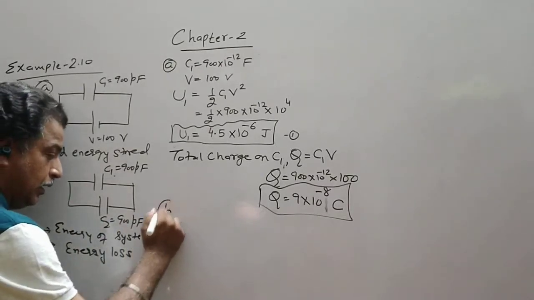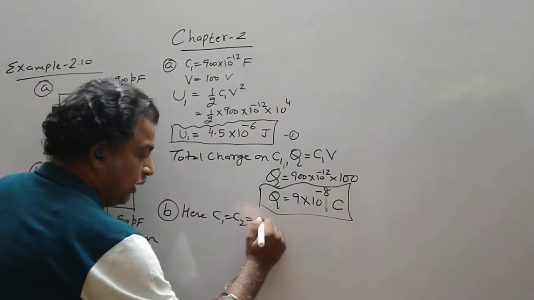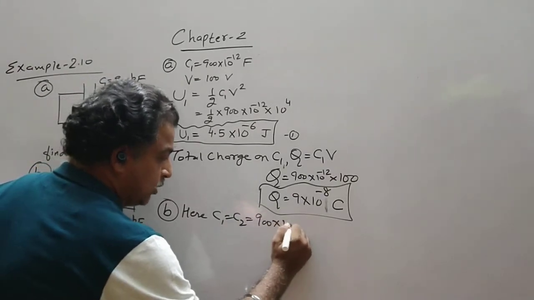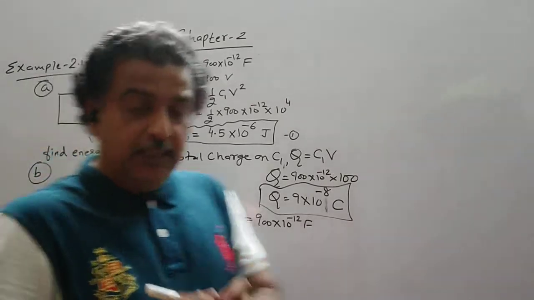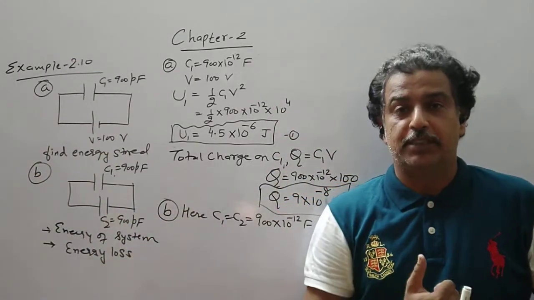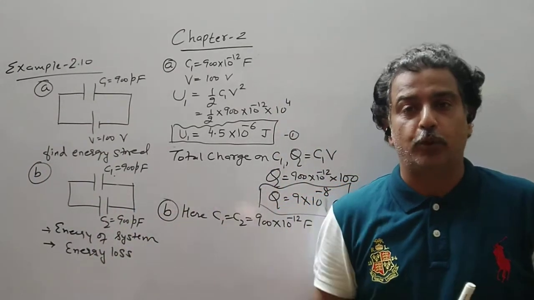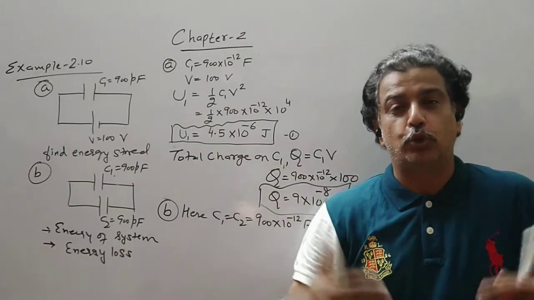Now here C1 is equal to C2 is equal to 900 into 10 raised to minus 12 farad. Identical capacitors. Now it is clear that when such a situation takes place, their potential becomes the same. That is called common potential. So C is the same, V is the same, so Q should also be the same.